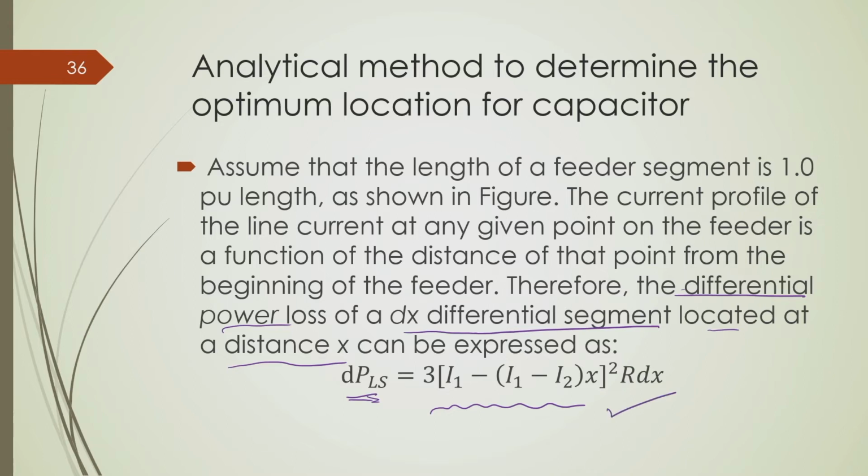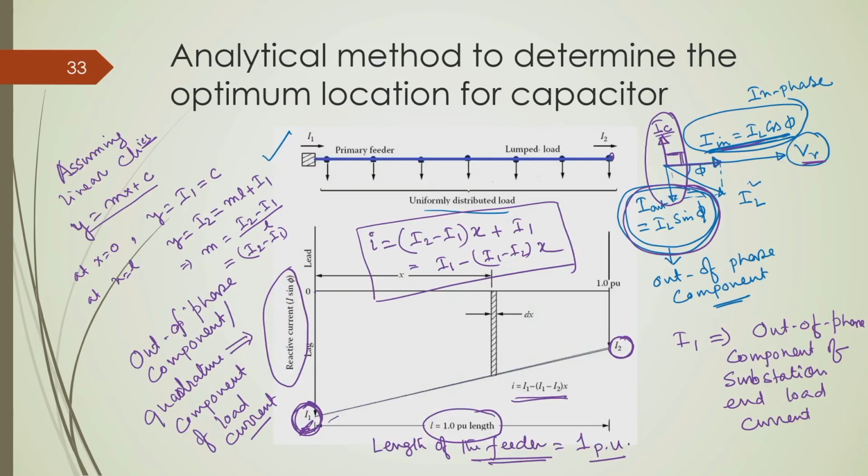Okay. So, here we take an infinitely small length dx at a distance x away from the substation, and we are trying to determine what the power loss is in this infinitely small line segment.